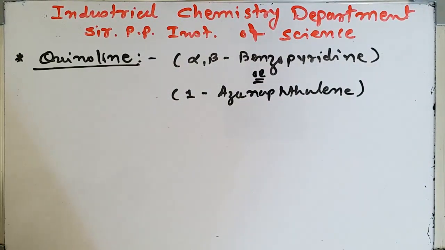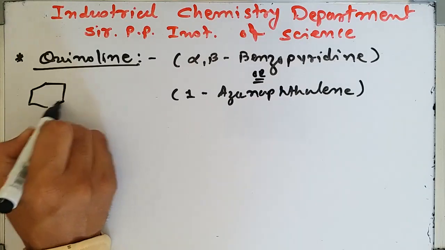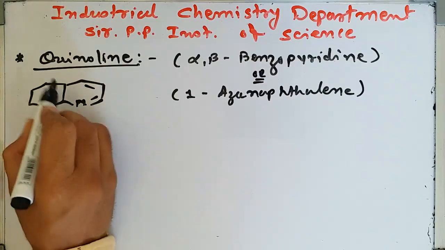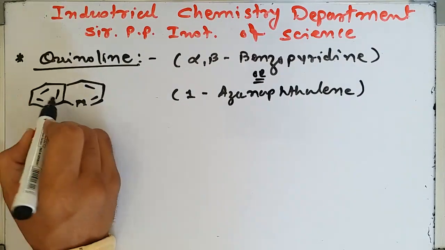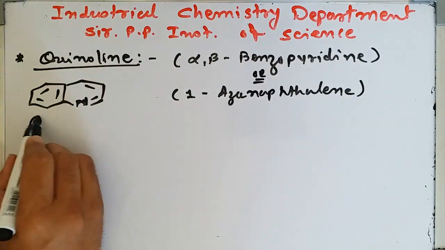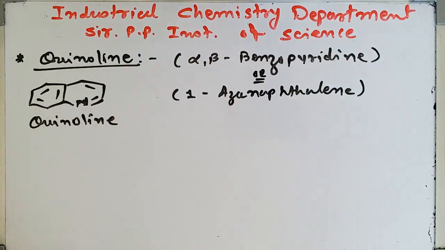We well know the structure of naphthalene: a double benzene ring. Containing one heteroatom, nitrogen, it is known as quinoline, or alpha beta benzopyridine, or 1-azanaphthalene.